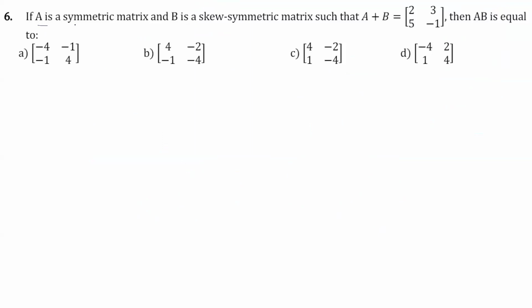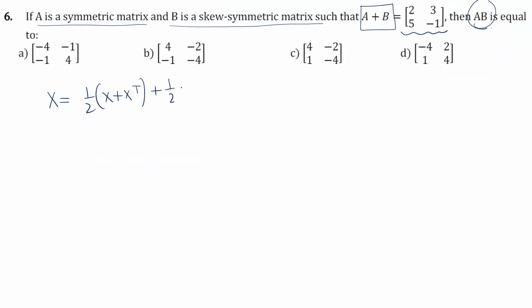Here they are saying A is a symmetric matrix, B is a skew symmetric matrix such that A plus B equals this. Then AB you have to find. So you know that any matrix can be written as the sum of symmetric and skew symmetric matrix. Let us talk about X matrix. So this can be written as X equals 1 by 2 X plus X transpose plus 1 by 2 X minus X transpose.